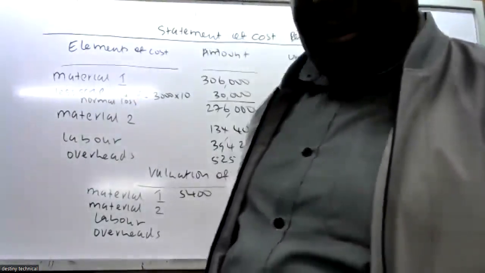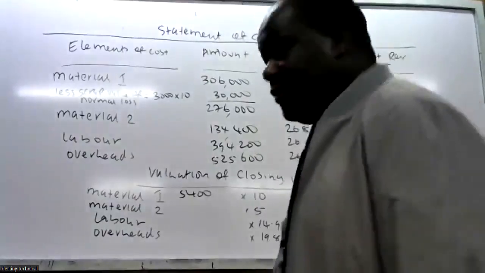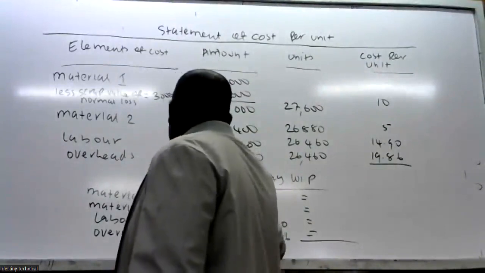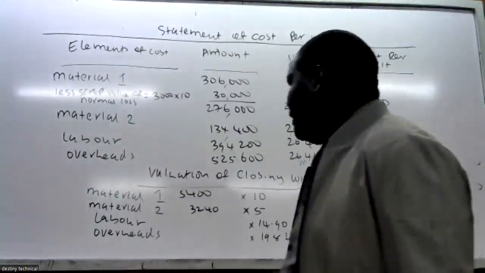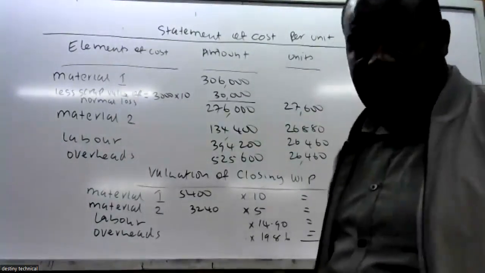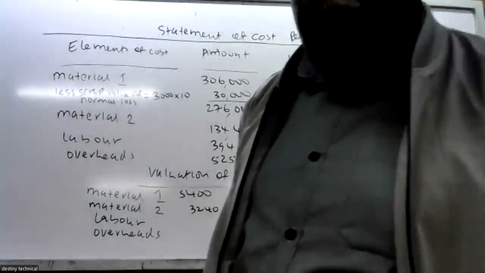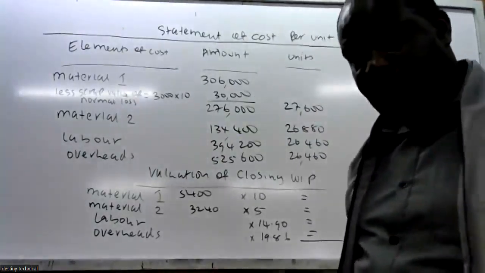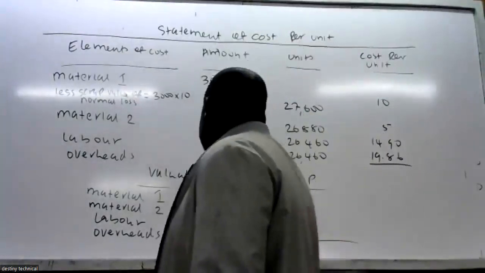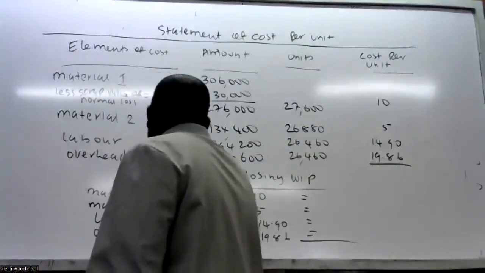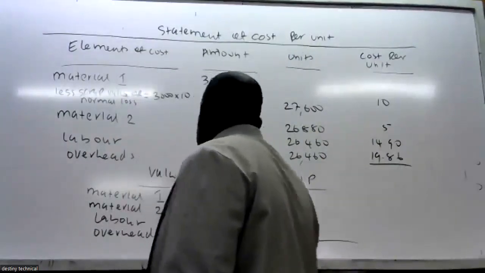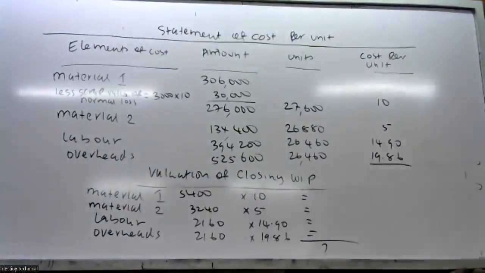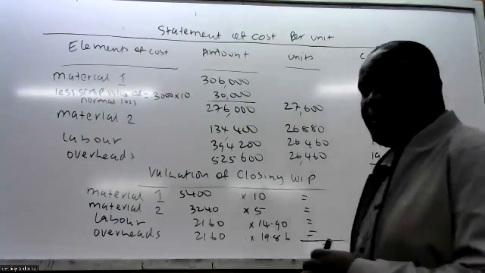The 60% of it, so this one is 3,240. How about labor? Labor, it was which figure? 160. So get the valuation of that closing work in progress.